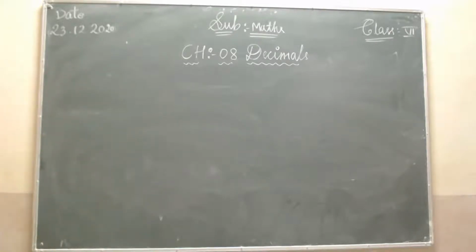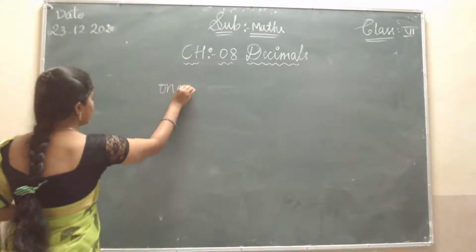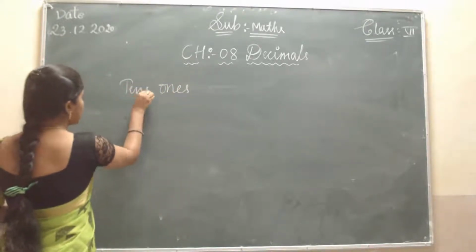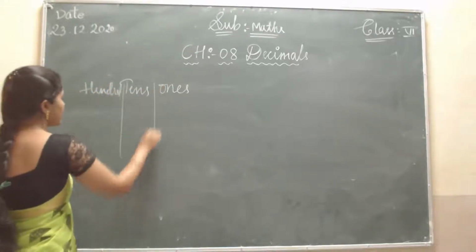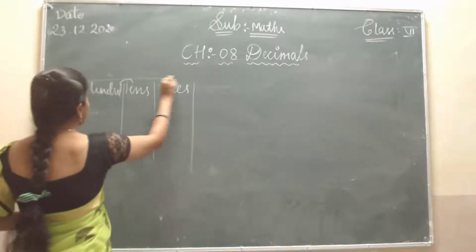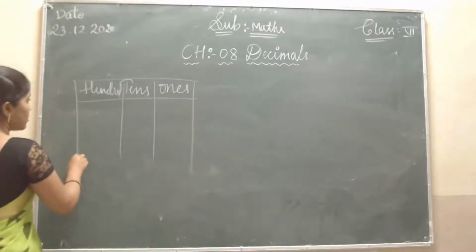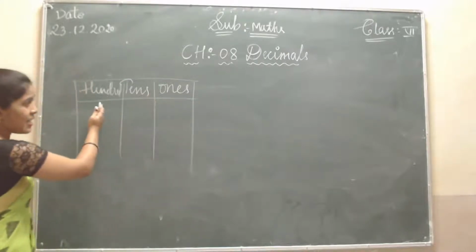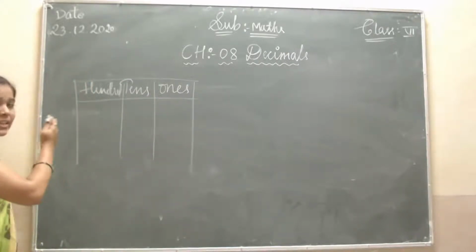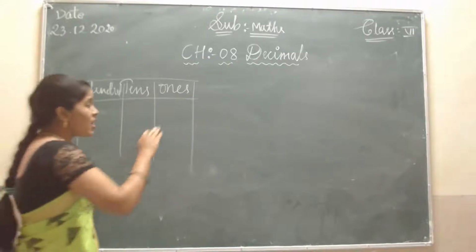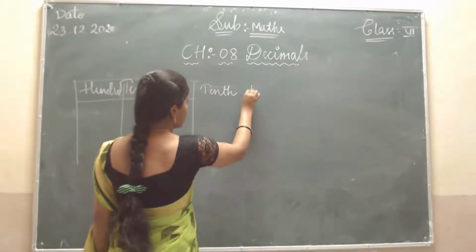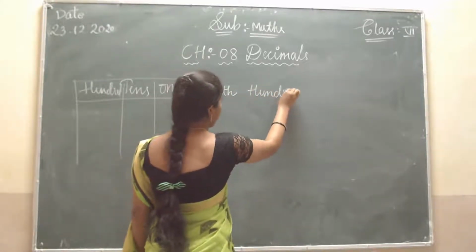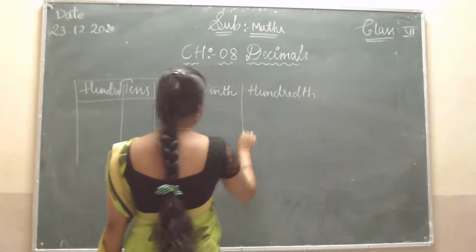In this place value chart, see here: ones, tens, hundreds.